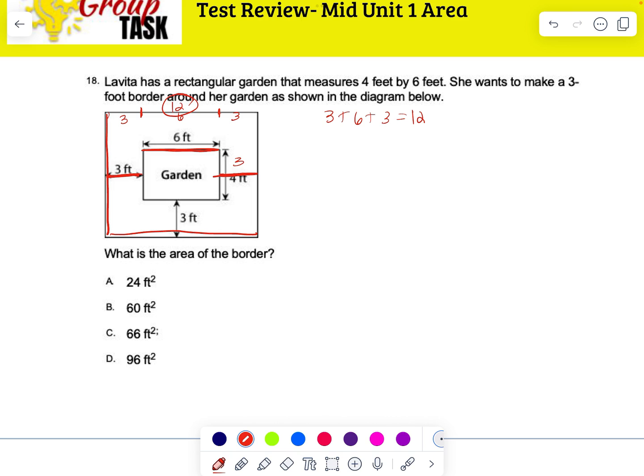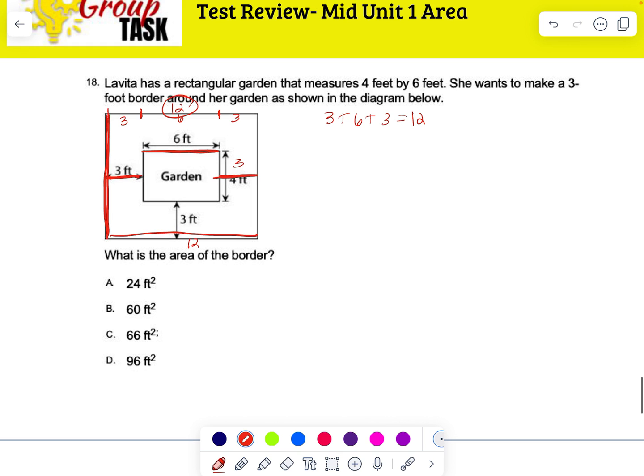Now let's see if I can do the same thing and figure out this length down here. We're trying to figure out here to here. So this would be 3. And we know that this part right here is 4, and we know this is 3.